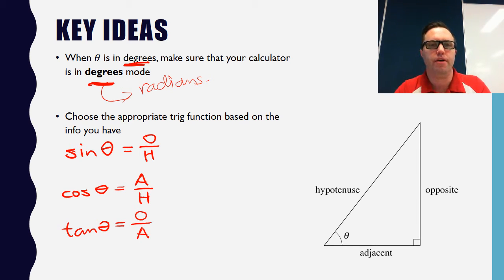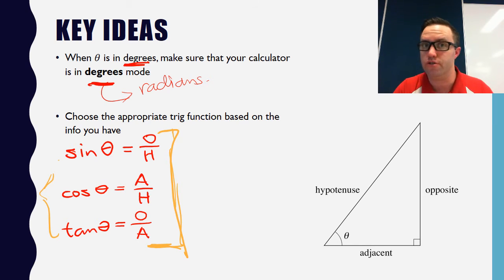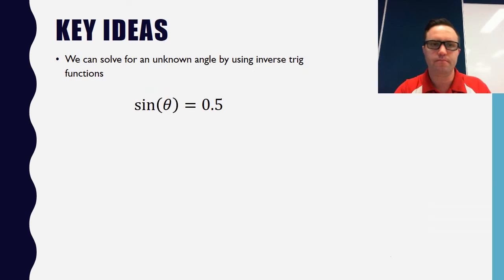So depending upon what information you have, that chooses for you which of these three trig functions you're going to use to solve your problem. There's not necessarily a sine triangle or a cosine triangle. You look at the triangle, see what information you've got, and make your decision based on that.